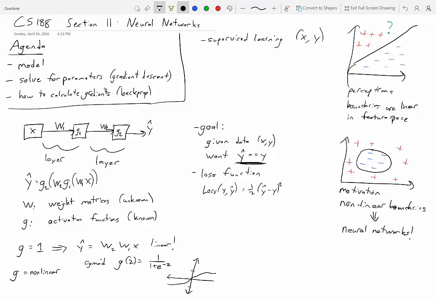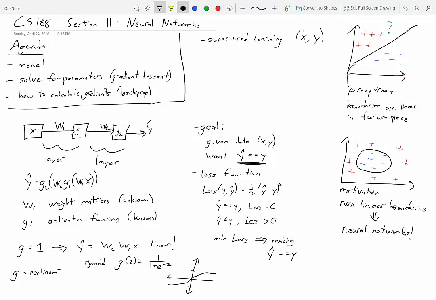You can see that when y hat equals y, this is 0, so my loss equals 0. That's good, that's a small loss. Then let's say y hat does not equal y, then the loss is greater, something bigger. So as we minimize the loss, we're making y hat more similar to y.